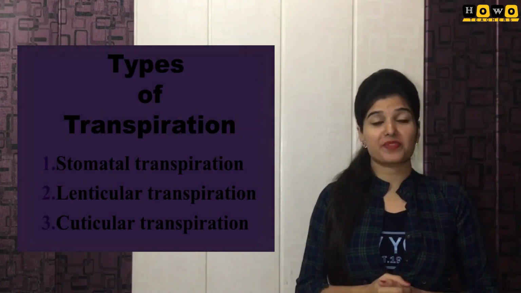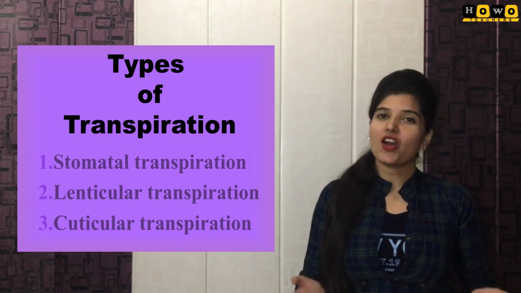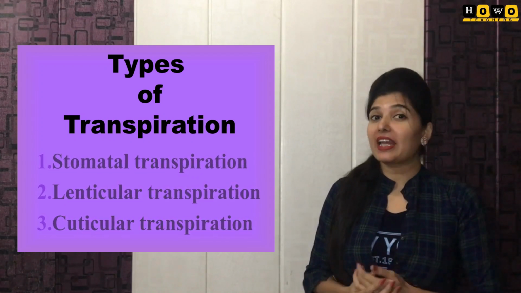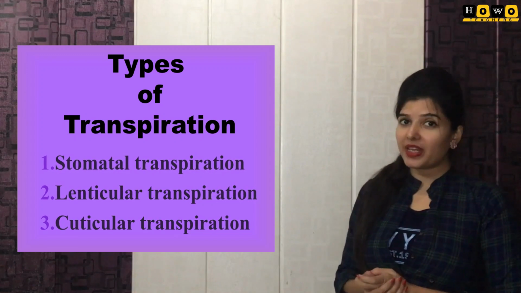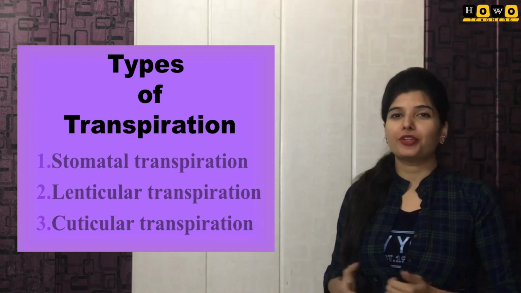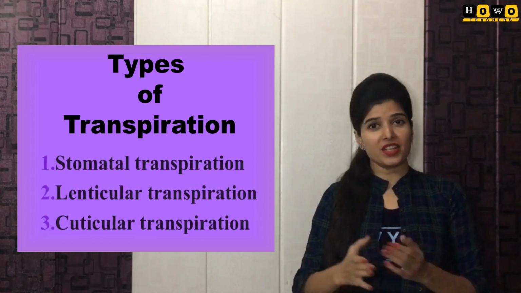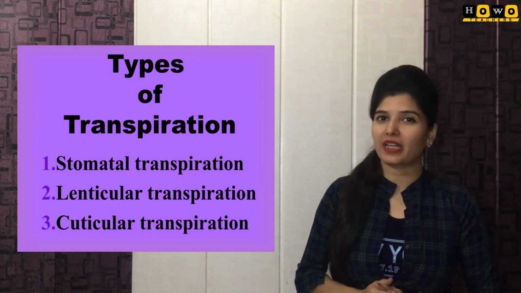Transpiration can be divided into 3 basic types based on the parts that are exposed to air, or the aerial parts. It can be the stomatal transpiration, the lenticular transpiration, or the cuticular transpiration. Most of the transpiration takes place through the stomata.